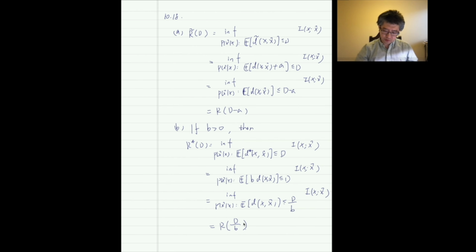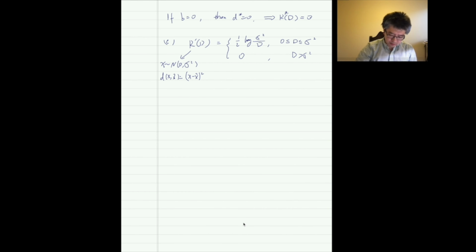Therefore, what we can get here is that R(D) will just equal R prime, where we do a scaling first and then a shifting. Okay, and then this will equal half log sigma squared over this guy, right? Then we can just multiply 5 here, and then we have D minus 3.